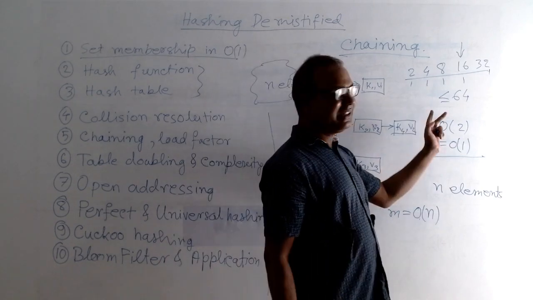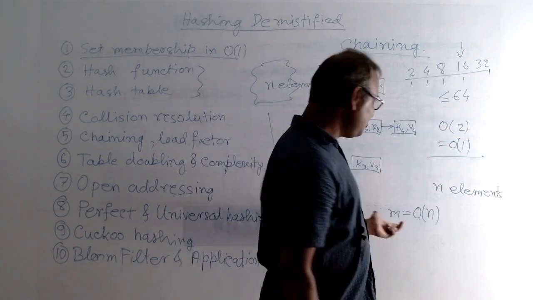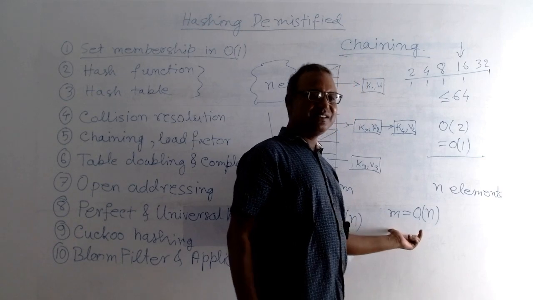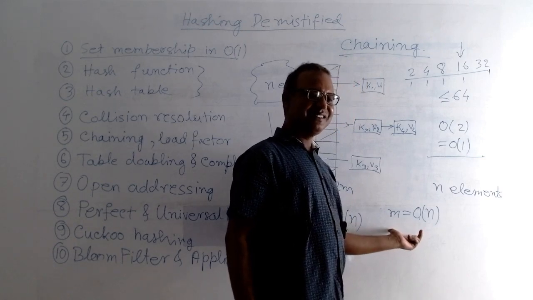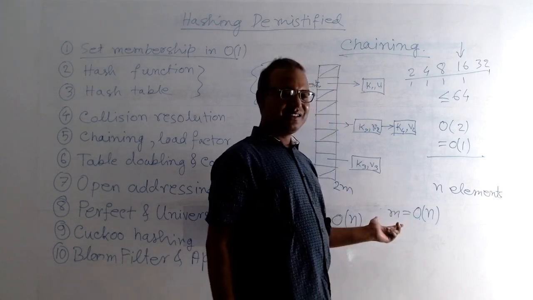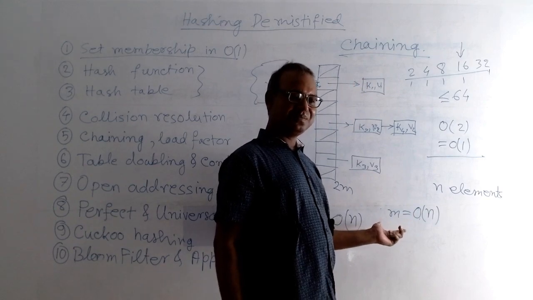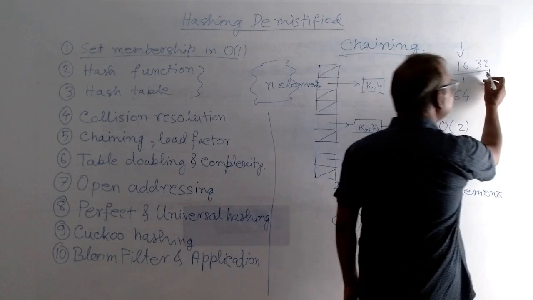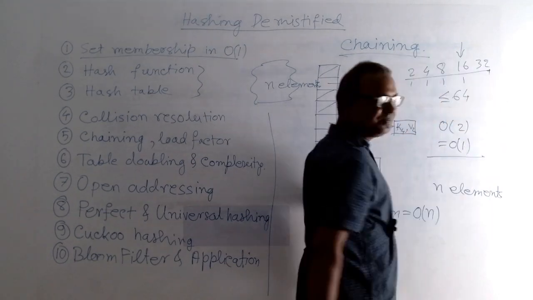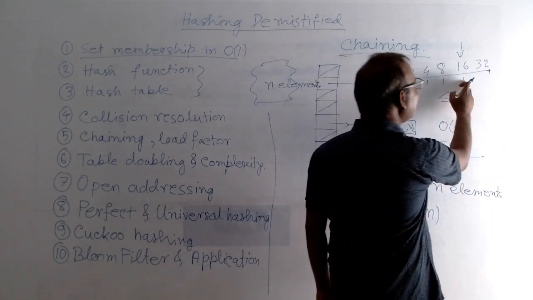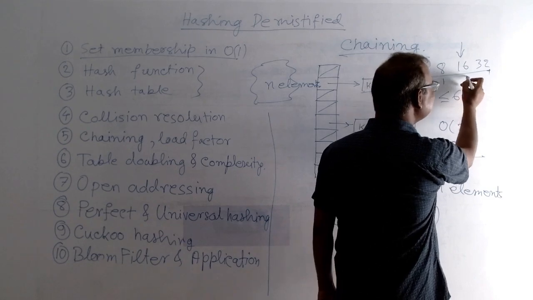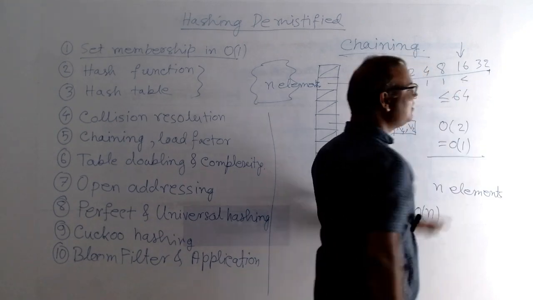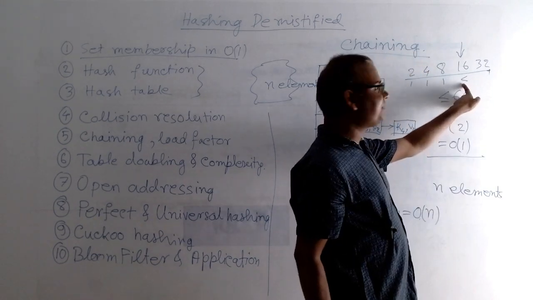For shrinking, we'll shrink the table only if the number of elements is less than m by 4. Meaning we are at table size 32, and only when the number of elements is less than 8, then we will shrink the table.